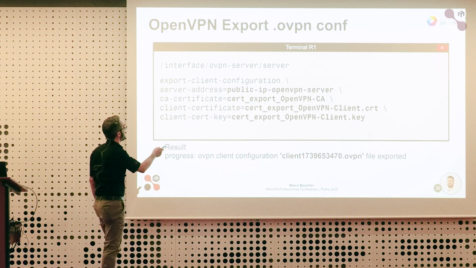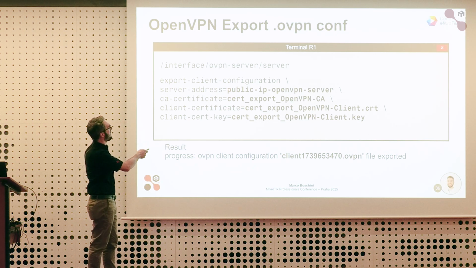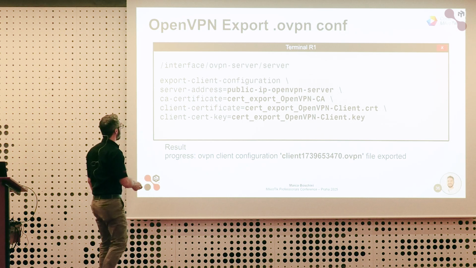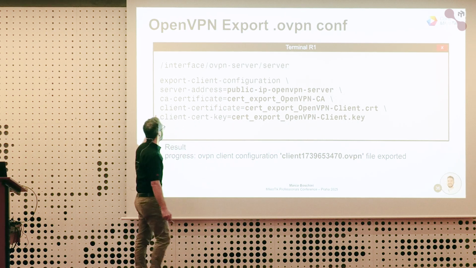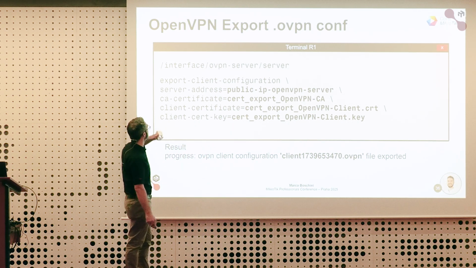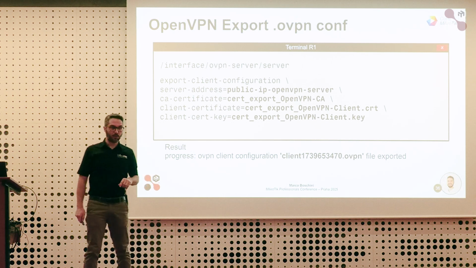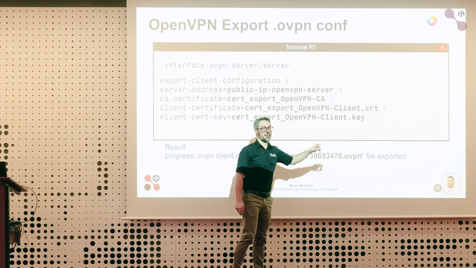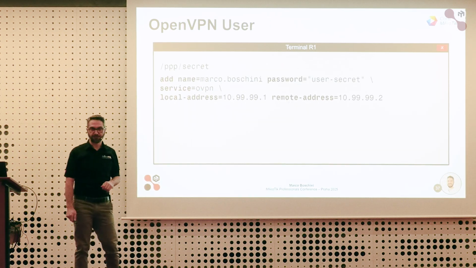Interface OpenVPN server, export client configuration, server address: you have to insert the public IP address of the server, the certificate authority file export, the certificate of the client, and the certificate key of the client. We have a file in the File menu with the OpenVPN configuration for the client.